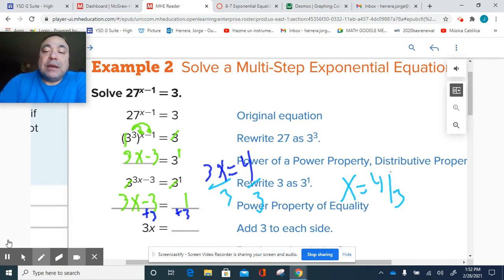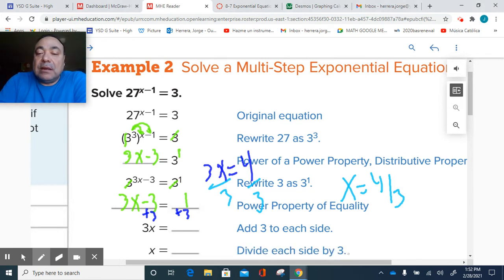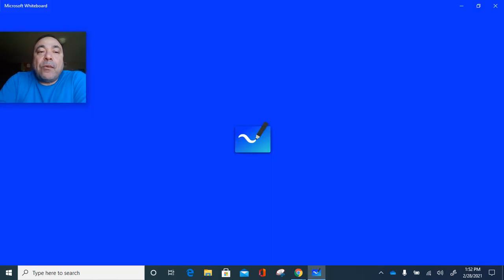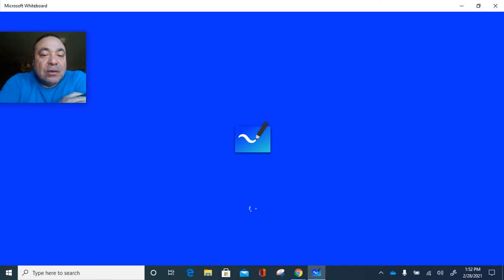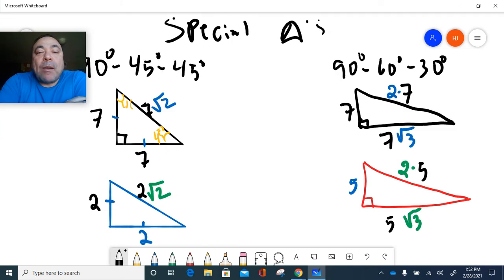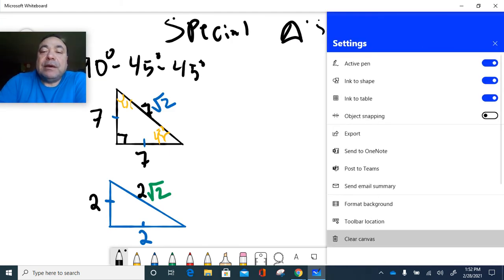So with that in mind, guys, let me try a similar one, and let's see if you can see the steps that we're going to do. It's really, really simple, guys. Let me clear this out.